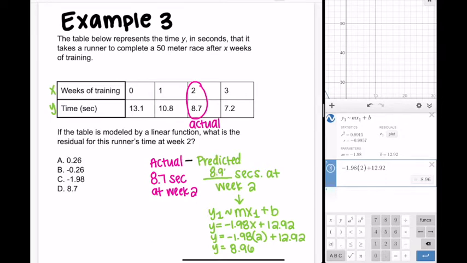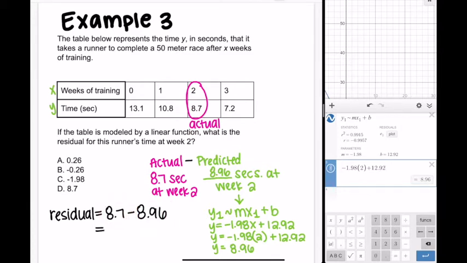Now we can find our residual. So the actual of 8.7 minus the predicted of 8.96. Think about what this means for a second. After 2 weeks, it was predicted that he would run that 50-meter race in 8.96 seconds, but he actually ran it in 8.7 seconds, so he was faster.